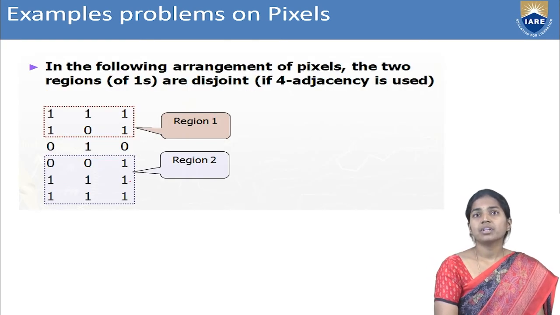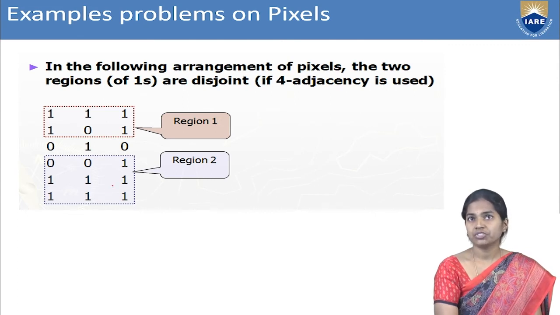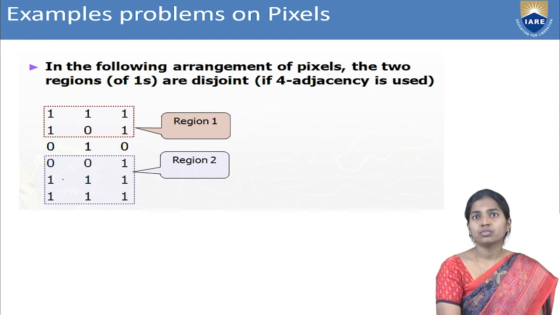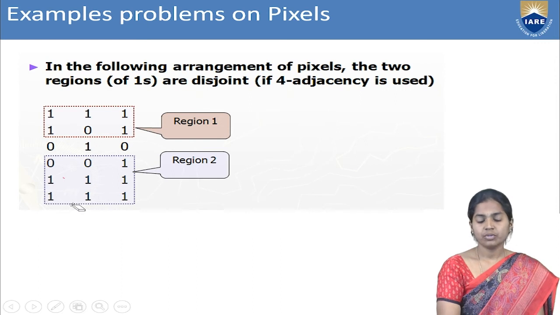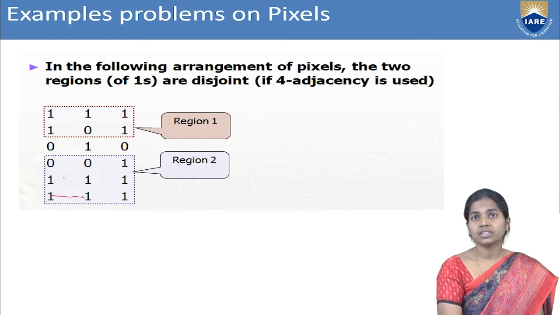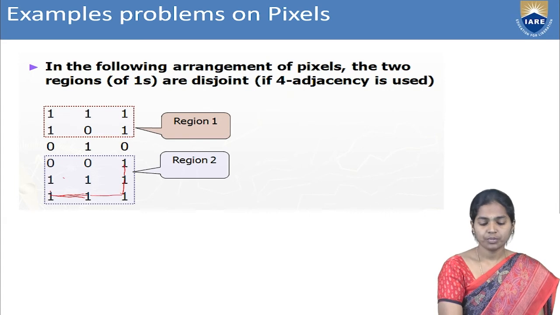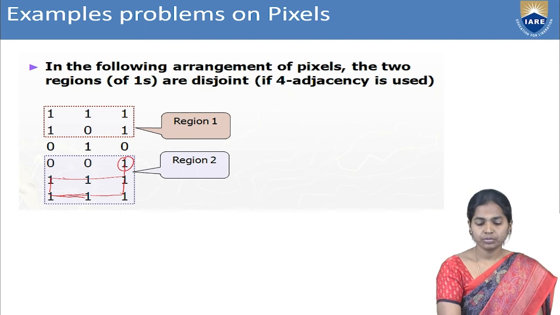In this example, in the following arrangement of pixels, the two regions of ones are disjoint if 4 adjacency is used. When we go for 4 adjacency, there is a path from here to here, but from this one to that one there is no possibility.